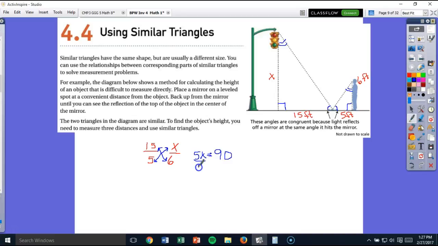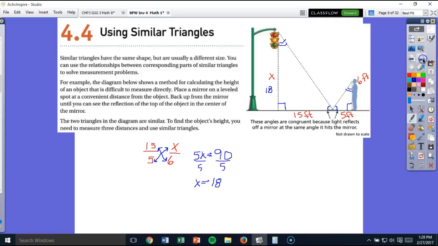If we divide both sides by 5, we are going to wind up with x equals 18, which means the height of the top of the light is 18 feet from the ground. You'll notice that this 15 is 3 times this 5. 18 is also 3 times this 6, so that's part of the rules of similarity as well.